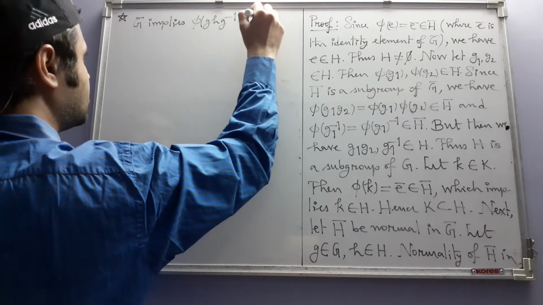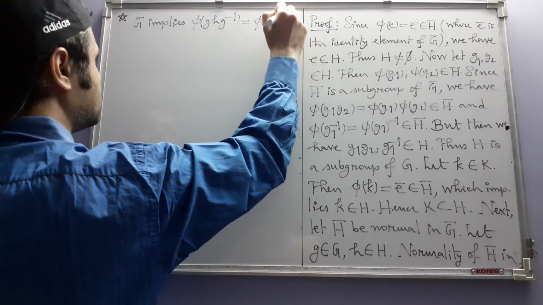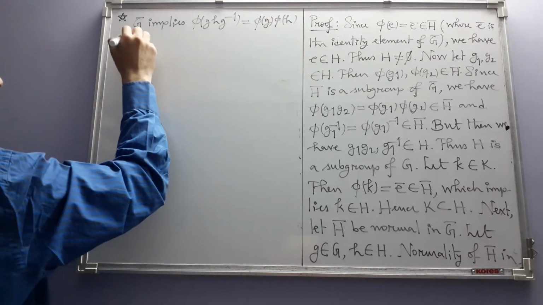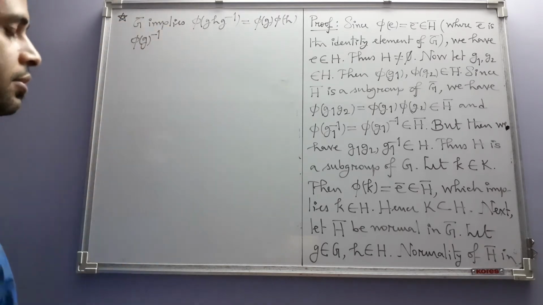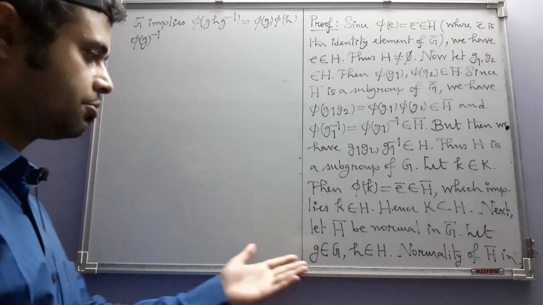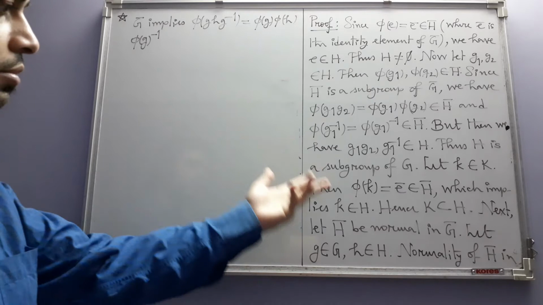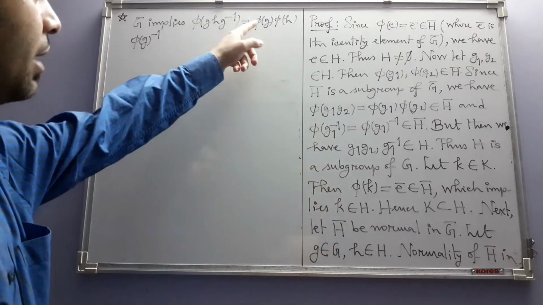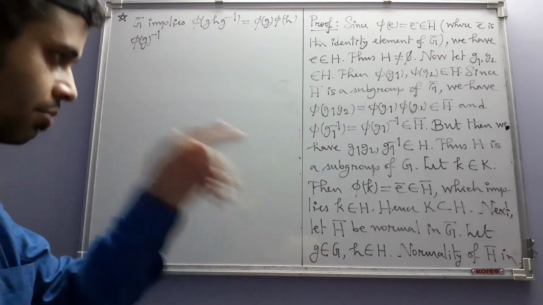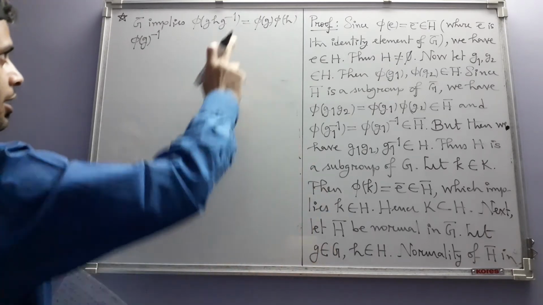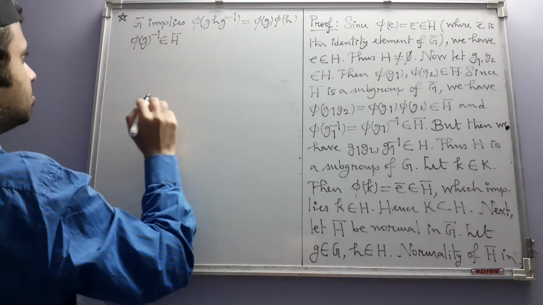Since phi is a homomorphism, it will become phi G, phi H, phi G inverse. Now phi H, due to the fact that H belongs to H, must be in H bar, and phi of G and its inverse are both in G bar. So normality of H bar in G bar would imply that this belongs to H bar.